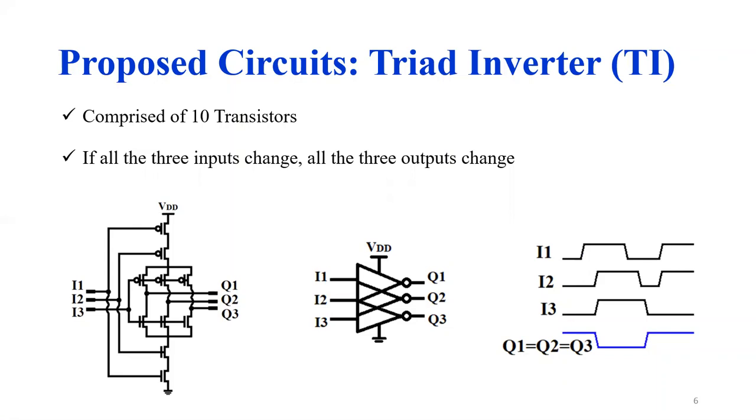If all the 3 inputs change, all the 3 outputs change. Otherwise, the outputs remain unchanged. Based on this circuit, if we use 2 back-to-back TIs, then we have a static storage unit, which is the base unit of the proposed latch and flip-flop circuits.